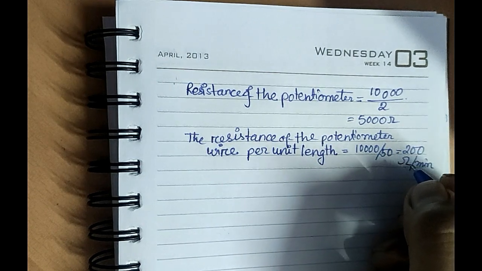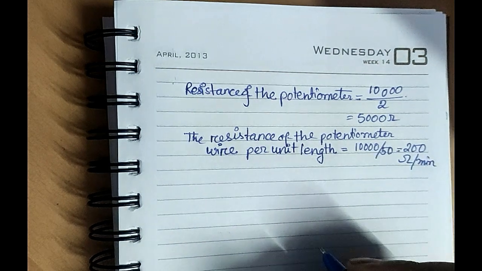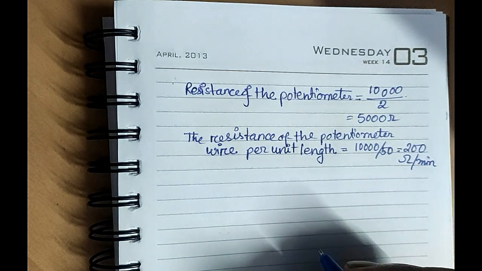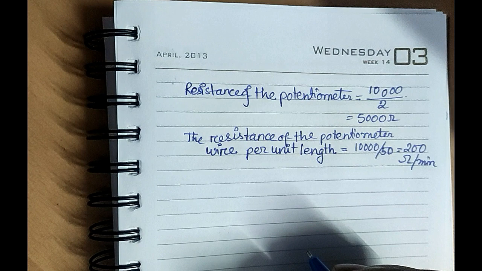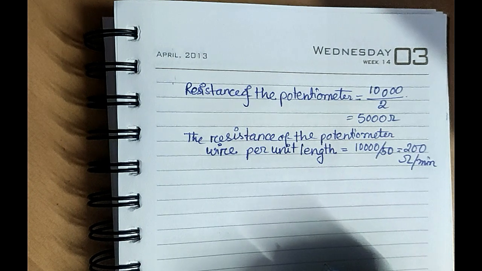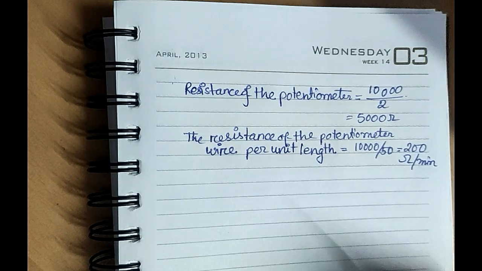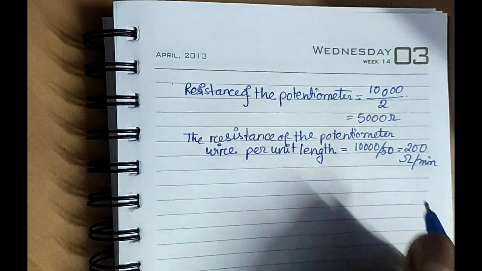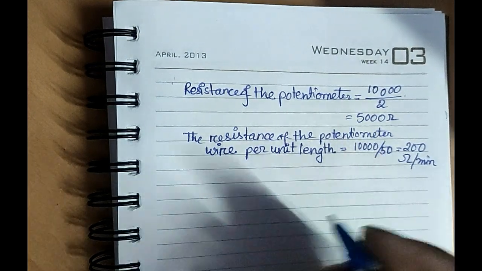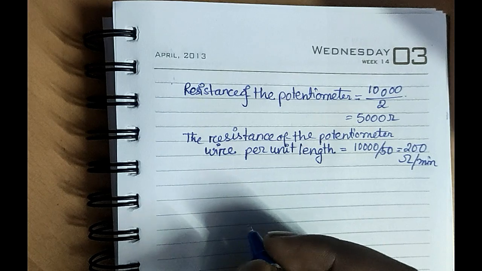The next thing you need to find is the change in resistance of the potentiometer from its normal position. In the first case, the resistance found was 3850. If I subtract it from this value, we will get the change in resistance.